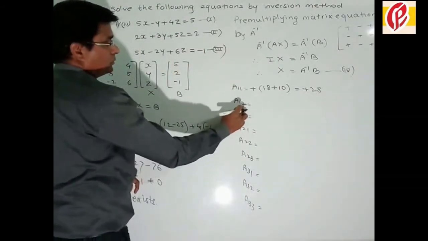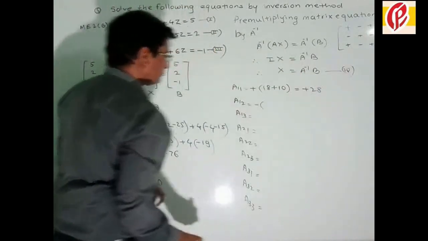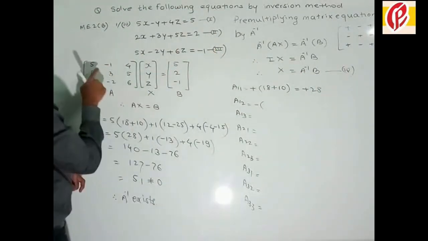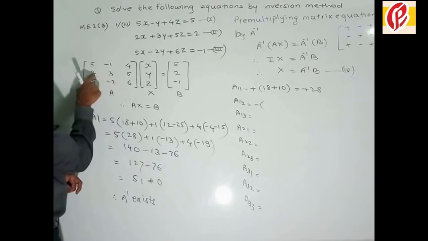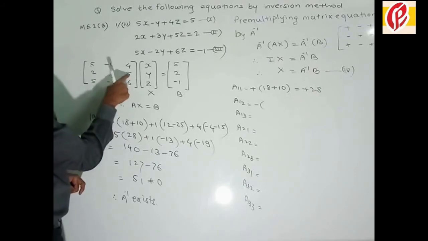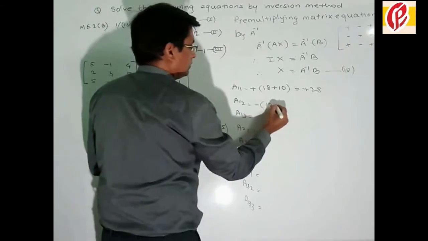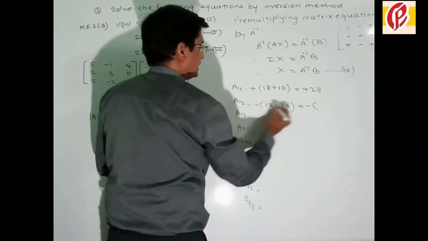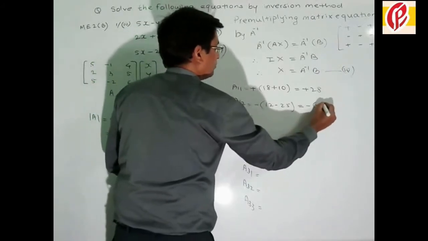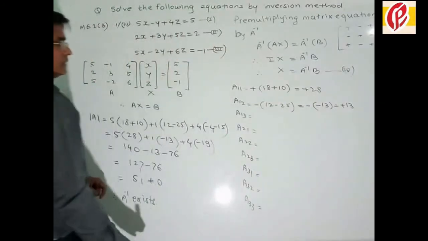Then A12 sign is minus, and A12 means first row, second column. First row, second column elements are these: 2 6 are 12 and 5 5 are 25. 12 minus 25 is minus 13, with this minus sign, so the answer is plus 13.